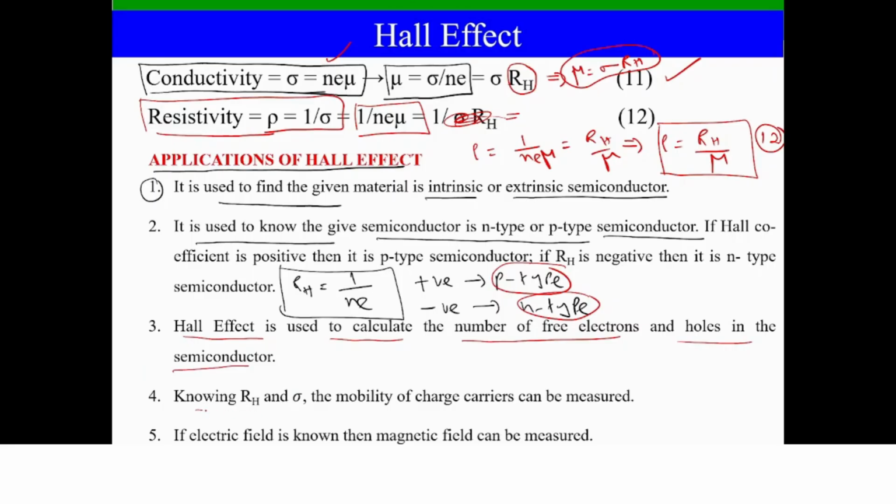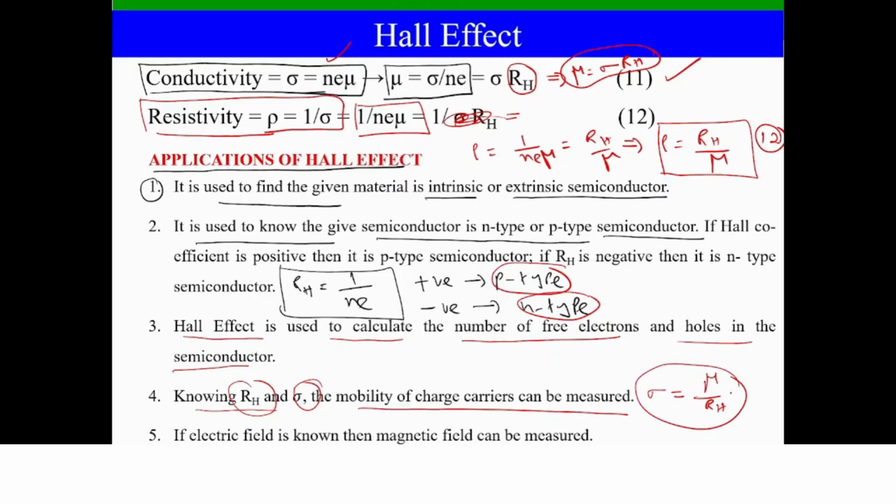And the fourth application is that by knowing the Hall coefficient and conductivity of the semiconductor, we can calculate the mobility. How can you calculate mobility? Use expression number 11. From equation number 11 we get sigma is equal to mu divided by RH.